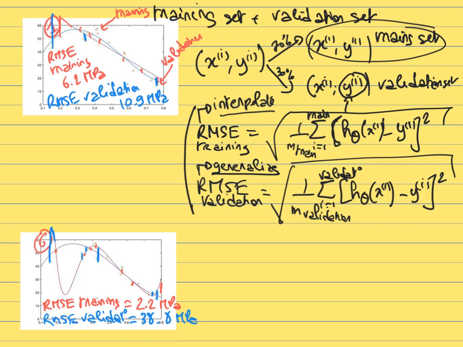So this model is clearly overfitted. Here you have the case of degree 1, a model that is underfitted because it's not properly interpolating the training set.